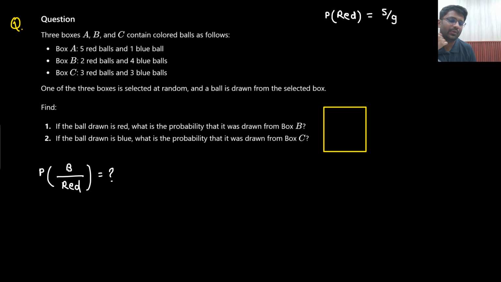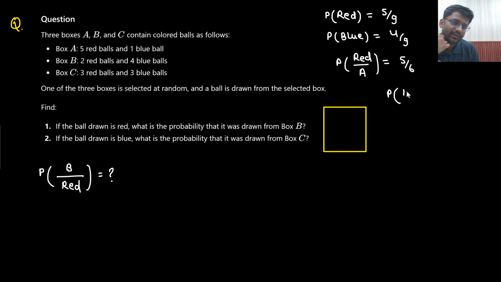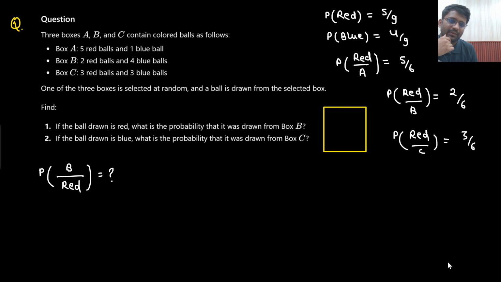Probability of receiving blue ball, do I know it? Yes, sir. It came out to be 4 by 9. Given that I am selecting box A, probability of receiving red ball, do I know it? Yes, sir. 5 by 6. Probability of receiving red ball, given that box B was selected, 2 by 6. Probability of receiving red ball, given that box C was selected, 3 by 6.